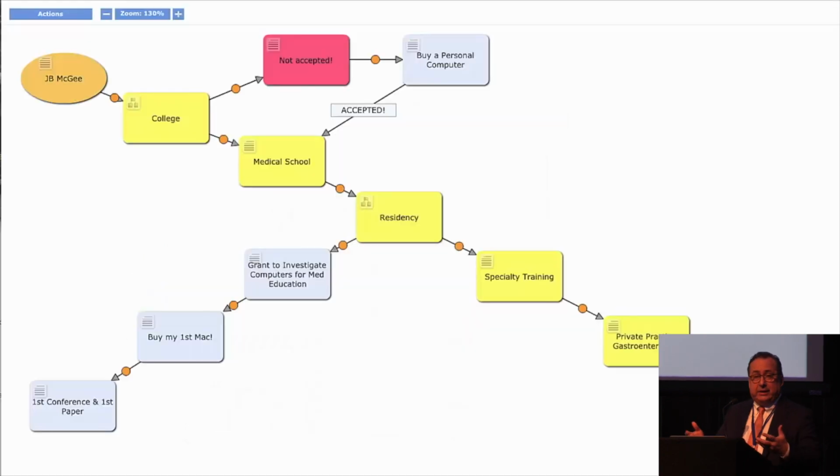Thankfully, I did get accepted to medical school the following year, and early on in medical school I decided to do my first entrepreneurial activity. A good friend and I decided to start a note-taking service where we would transcribe what the lecturers were saying and distribute that to the students the next morning in their mailbox.